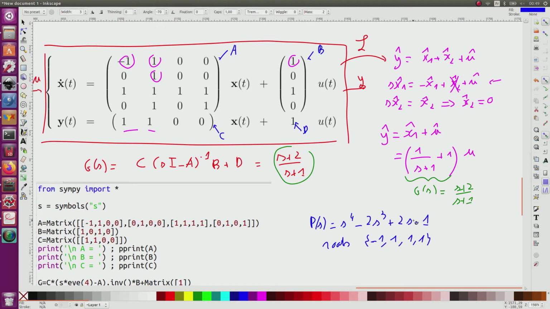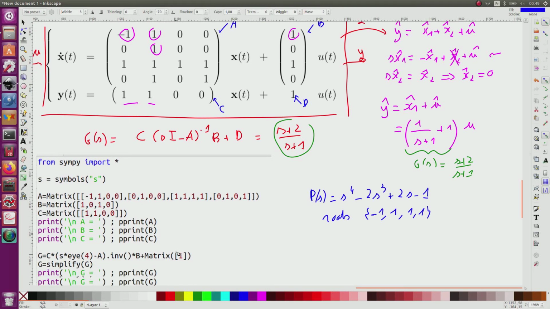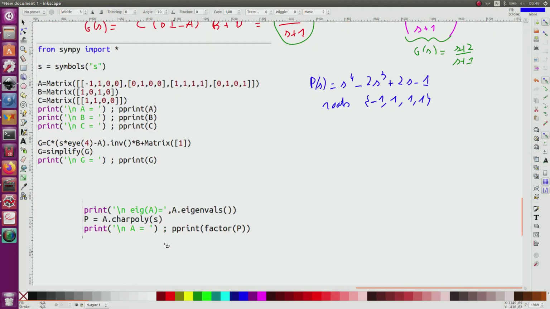How can I compute this? It is possible to also use SymPy and to add 3 lines. So I have my matrix A, I compute the eigenvalues, I compute also the characteristic polynomial, and I will print P.